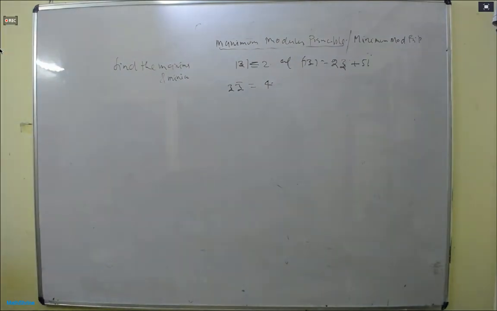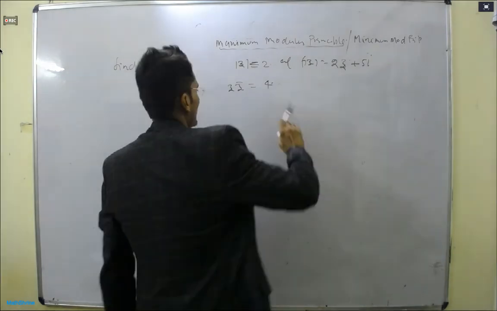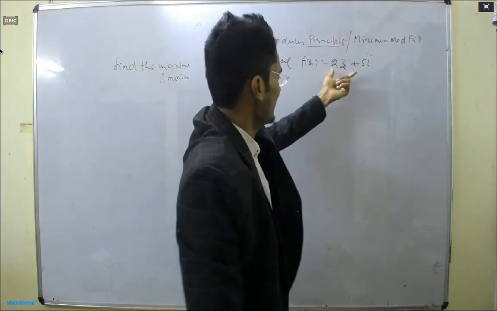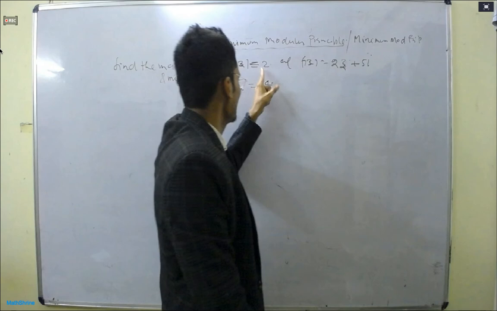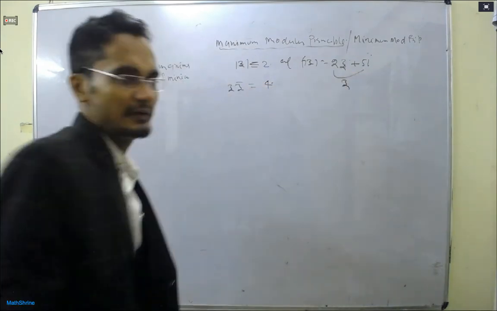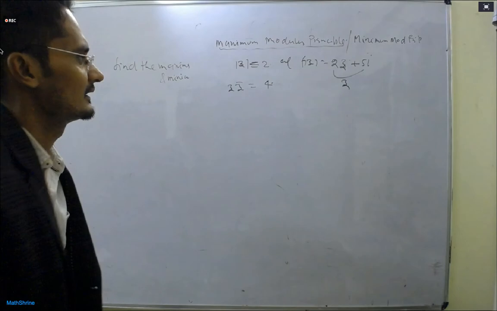So what to do? Z into z bar you can calculate: 2z plus 5 iota into 2z minus 5 iota. Multiply this. Tell me how much it will come out. Solve fast.